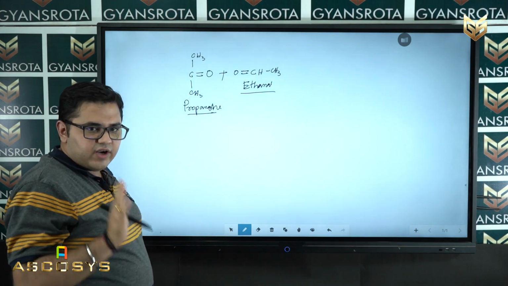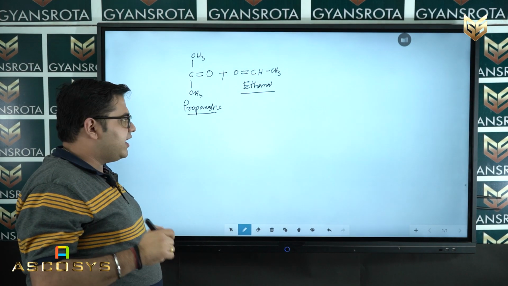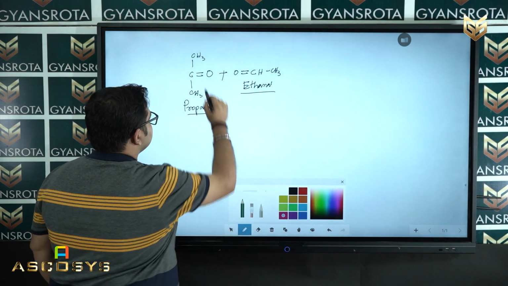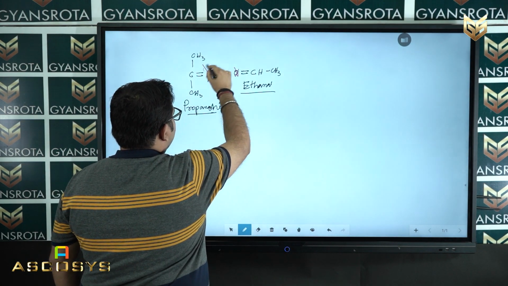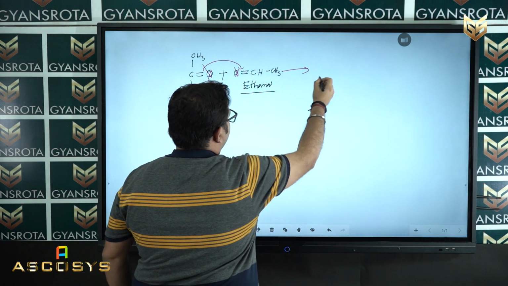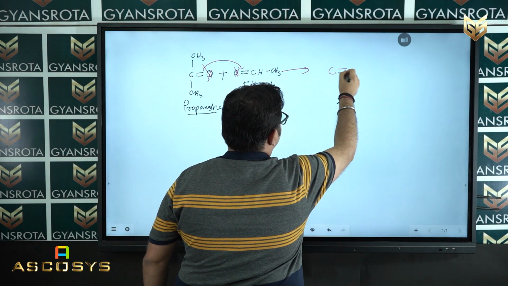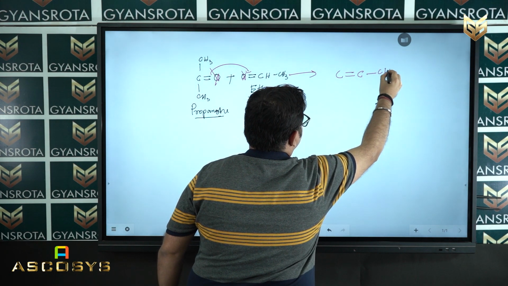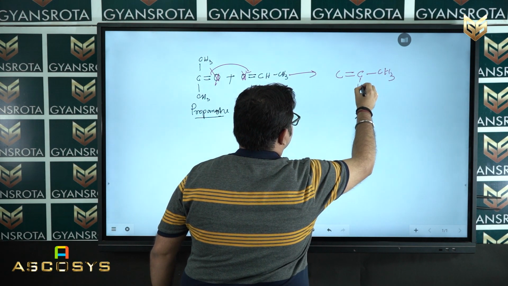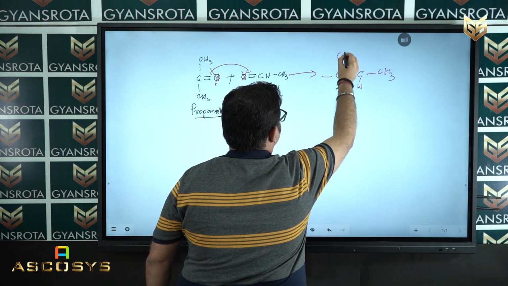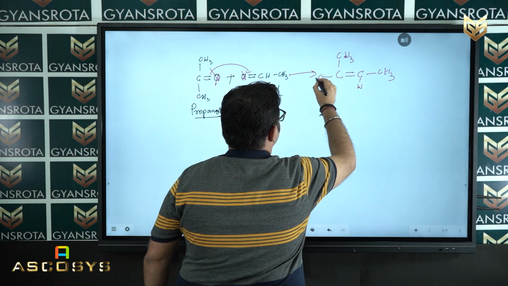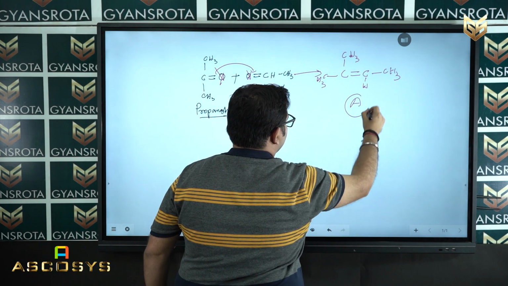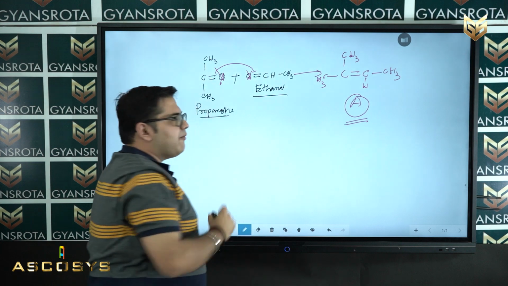Now, again I already told that we go in the backward direction, means just remove this oxygen and attach with this. So, what are we getting? We end up with this, and this is our A product. Okay. So, this is our A.